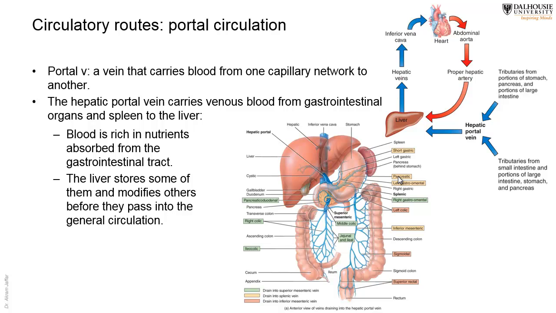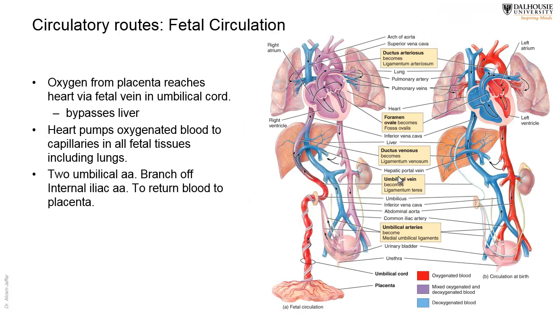It provides oxygenated blood to the substance of the liver, but the portal vein is bigger. About 75% of the blood that the liver receives comes from the portal vein. But this is deoxygenated blood, but it is rich in nutrients that have been just absorbed from the intestine. So again, a portal circulation is a circulation between two beds of capillaries.